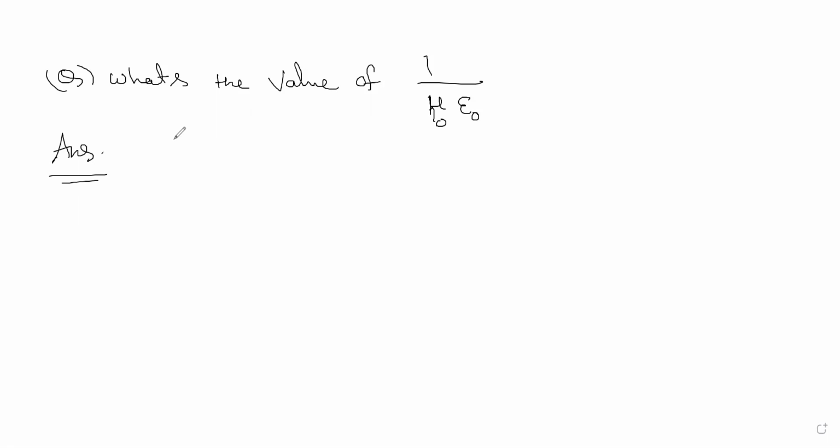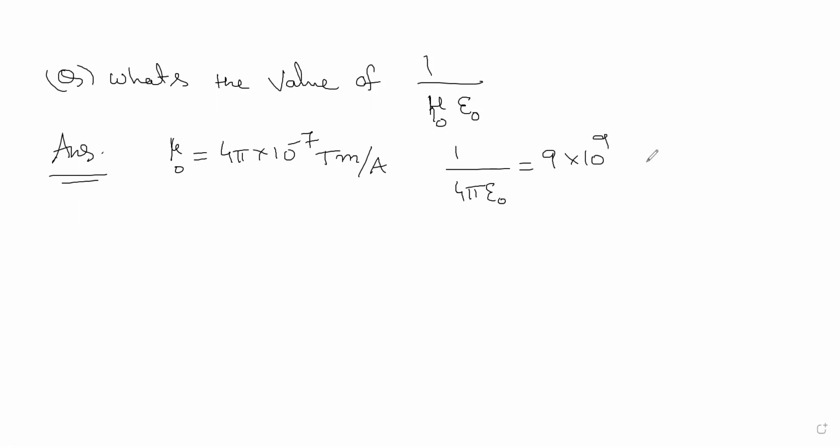We'll see why it is so. We know the value of mu naught is 4 pi into 10 to the power of minus 7 Tesla meter per ampere, and we already know that 1 by 4 pi epsilon naught is 9 into 10 power 9 Newton meter square coulomb power minus 2.